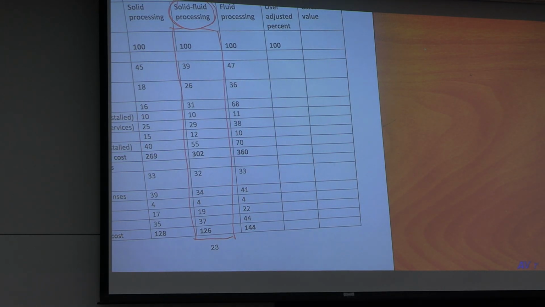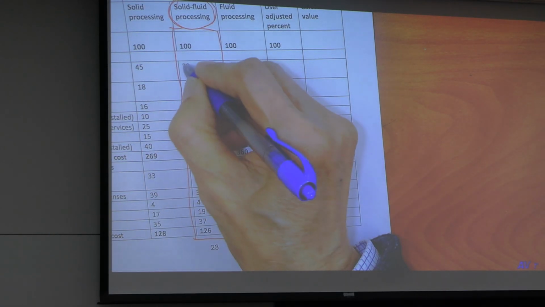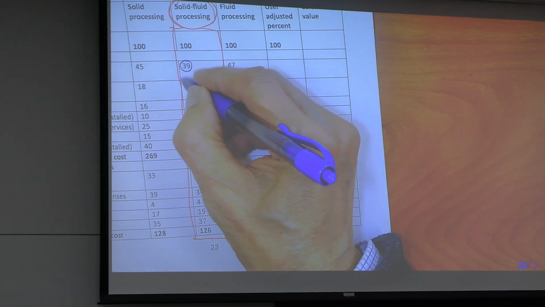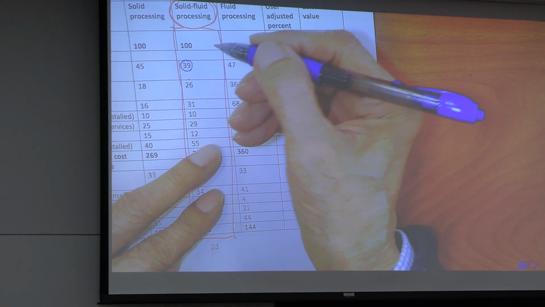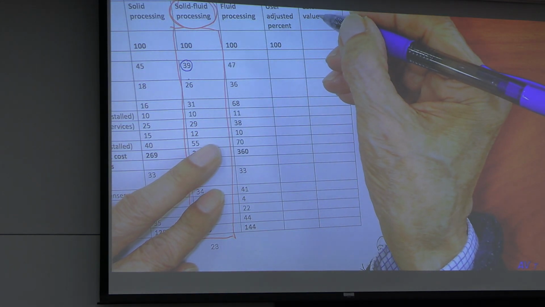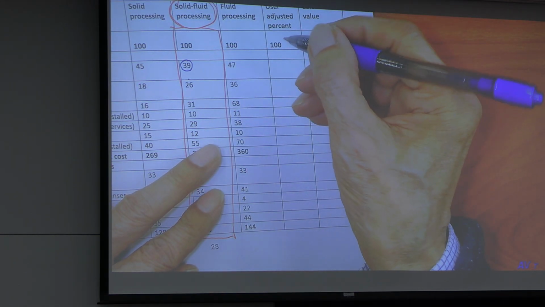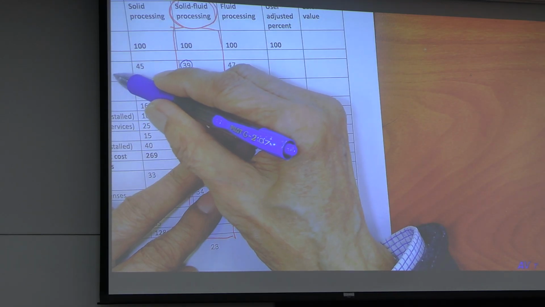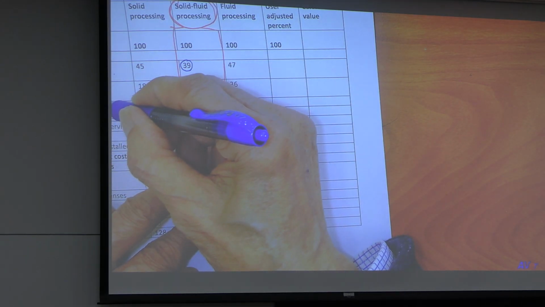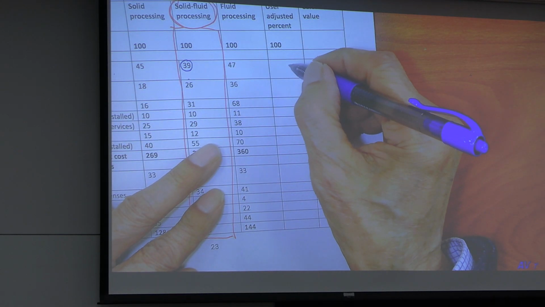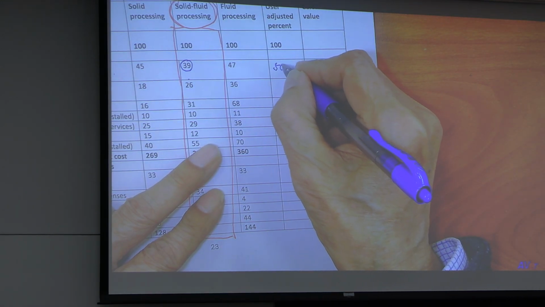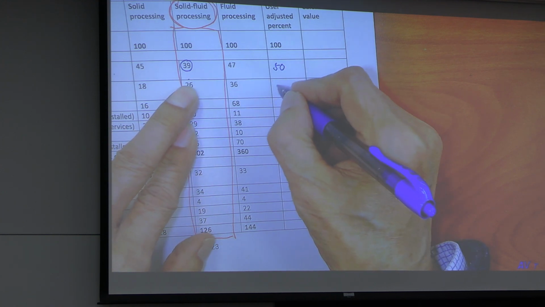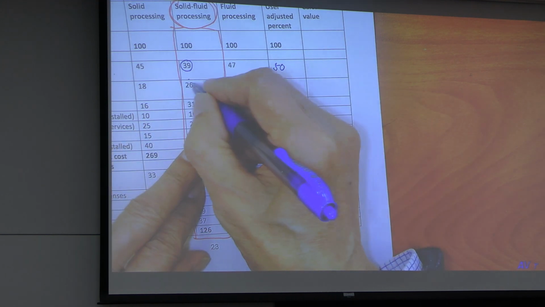Got installation, instrumentation, installation, okay? Suppose piping. You can adjust this value, suppose I use 50. Piping instrumentation 26, I'll use 20.